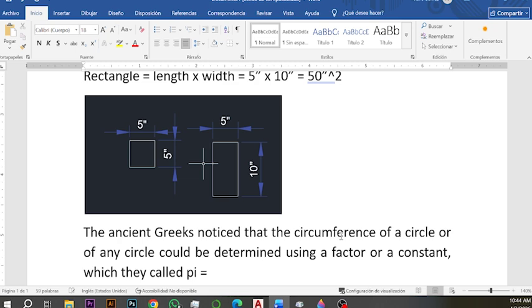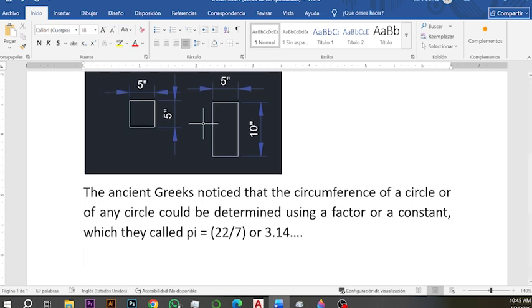And that constant is 22 divided by 7, or 3.14. This is an irrational number because the number just keeps on going. However, they noticed that by knowing the pi factor and knowing certain aspects of the circle, you could determine the circumference.